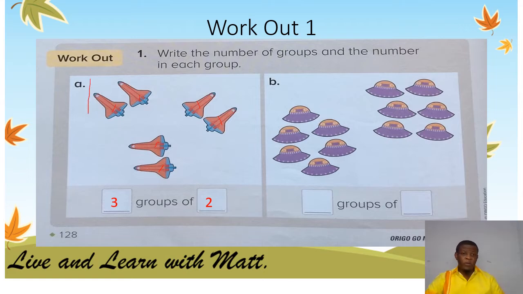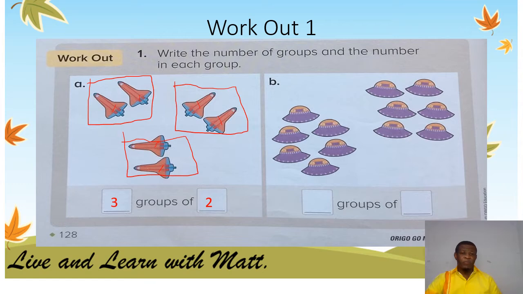This is group 1, group 2 and group 3. Part B, how many groups do we have? You can see all these are in the same group, and this as well in the same group.